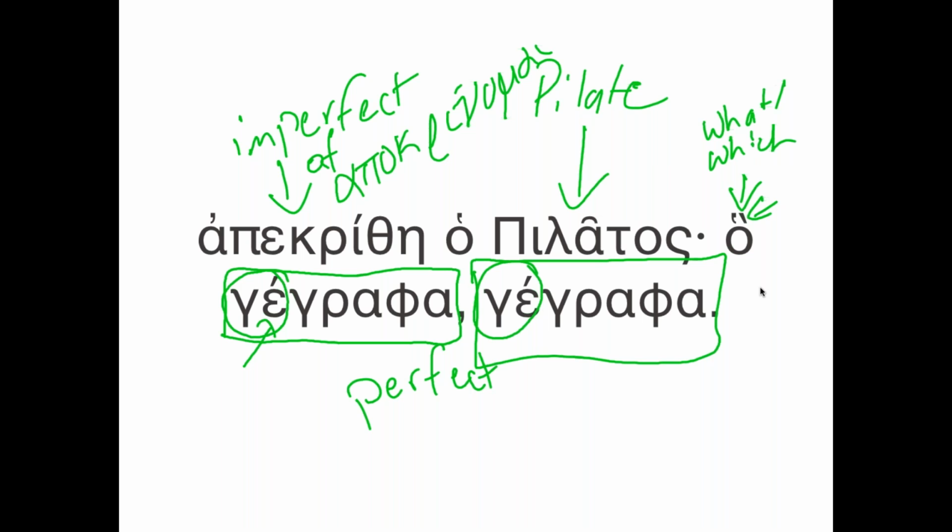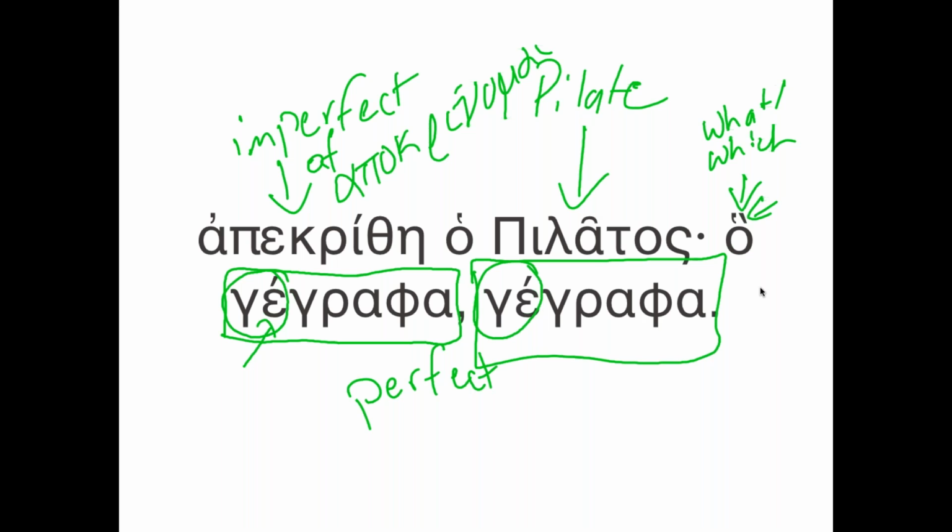We add "I" so it makes more sense. It really would be better rendered as "that which has been written has been written." And it invokes this idea of permanency, which we don't necessarily get in English.